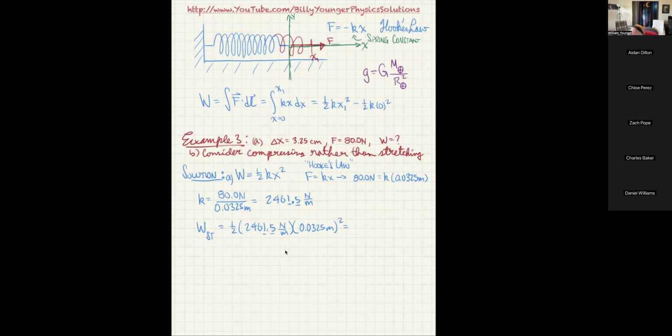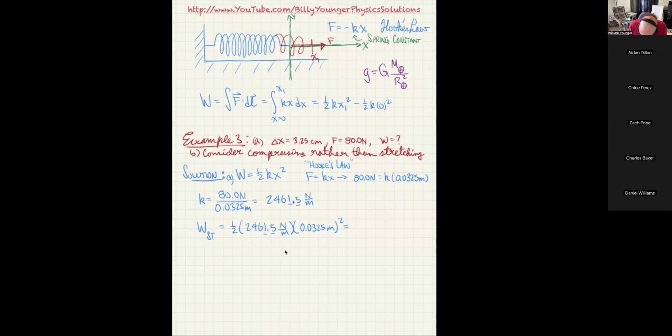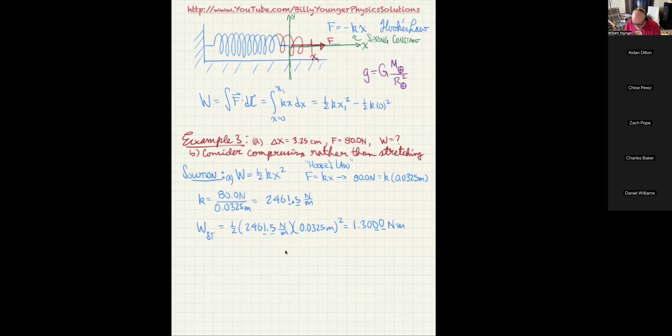So I'm going to say 0.5 times the k I just calculated, times 0.0325 squared, and that gives me 1.3000. Notice the units are newtons times meters. And of course, we only have three sig figs, so the last two are not good. But that's actually it. So the work done in stretching the spring is 1.30 joules.